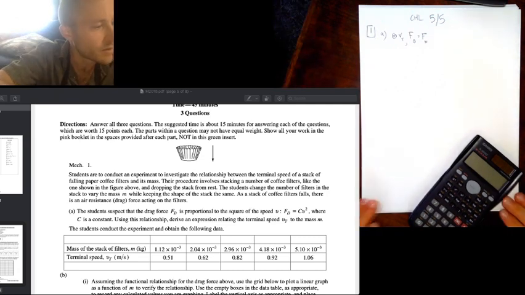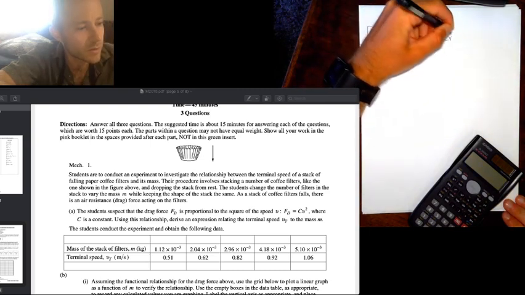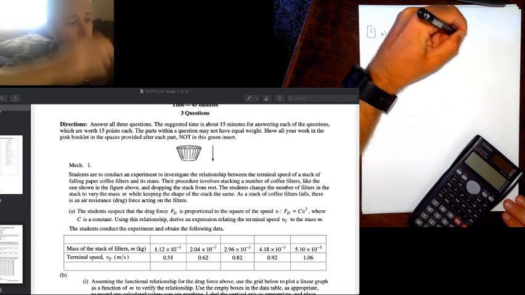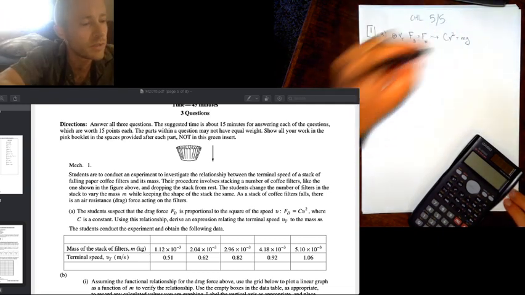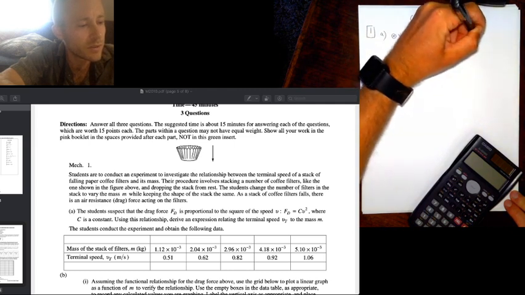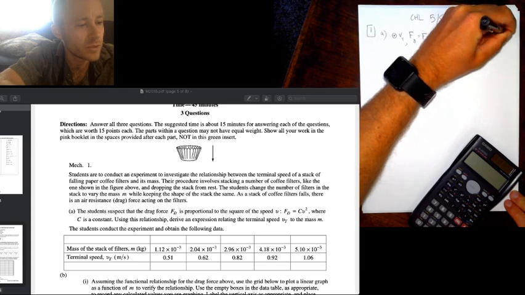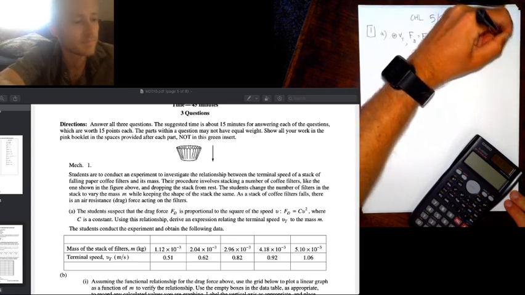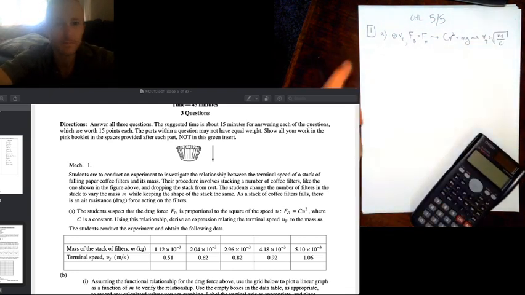So that means that c v squared has to equal mg, which means that the terminal speed is going to be the square root of mg over c. So we're going to have a square root dependence on mass.